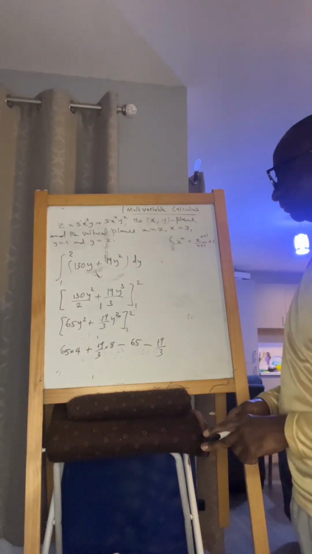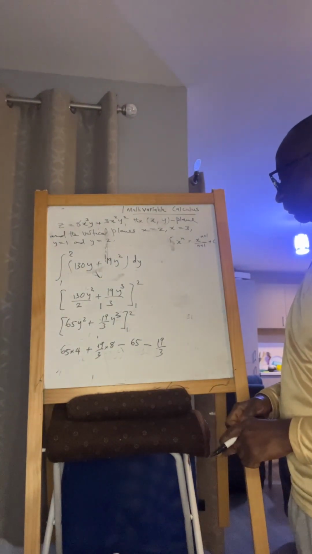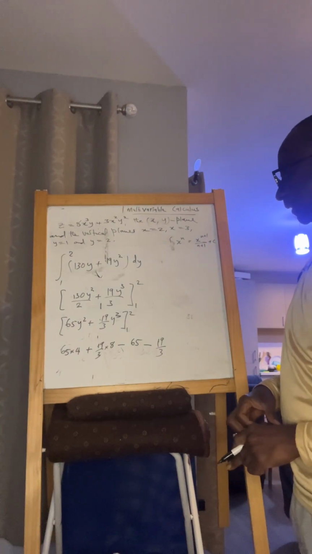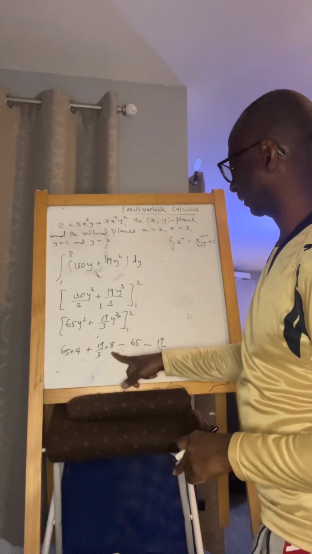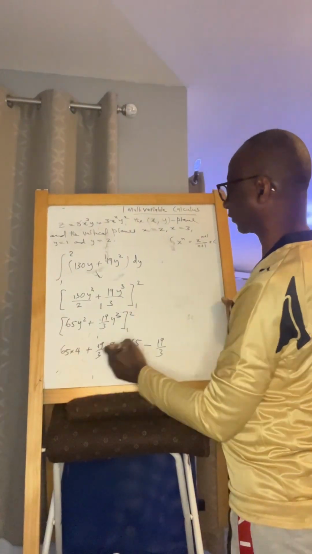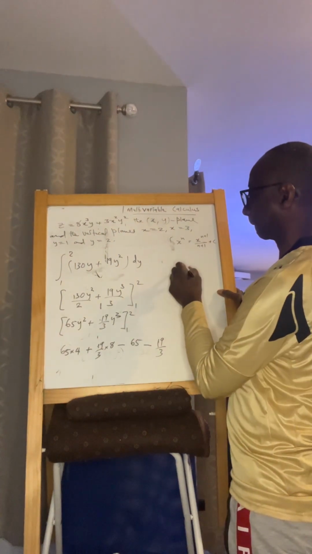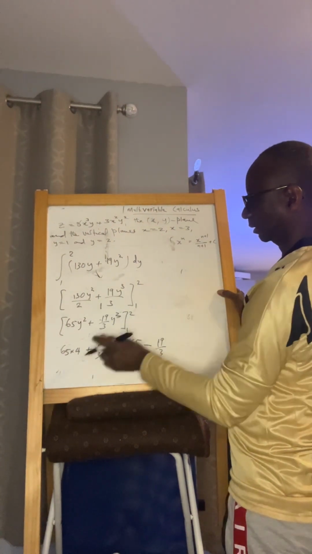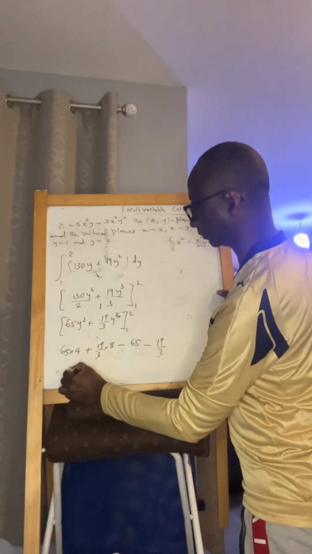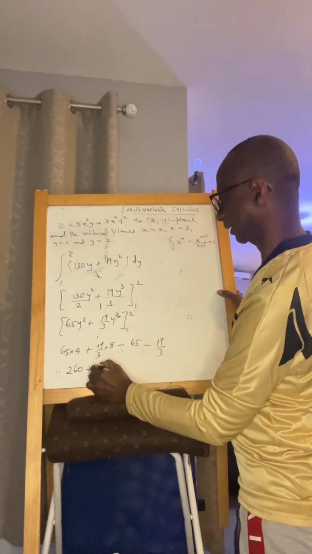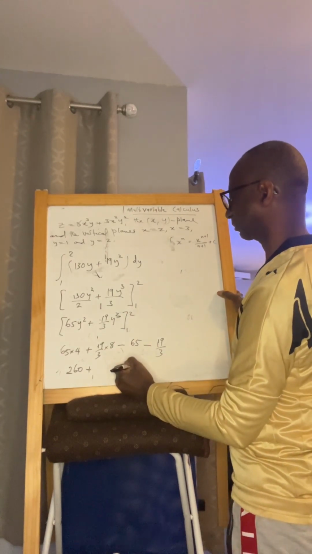Now let's simplify. Why do I have 8 here? Oh yes, because of 2. So 65 times 4, 130 is 260 there. Plus 19 times 8.